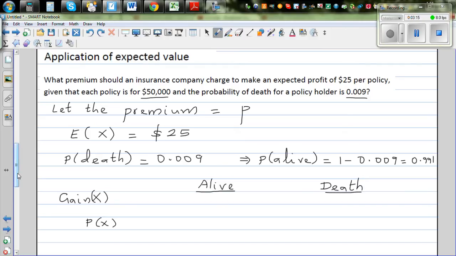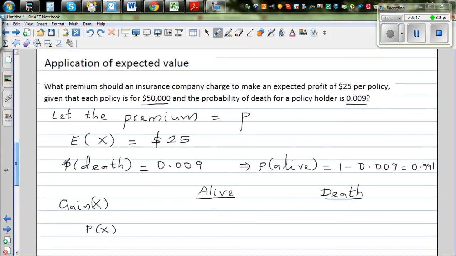Now, if the policyholder is alive, the insurance company would gain the premium, and the respective probability of that happening is 0.991. The other scenario is that the gain would be P minus 50,000, because if the person dies, the insurance company has to pay this 50,000.